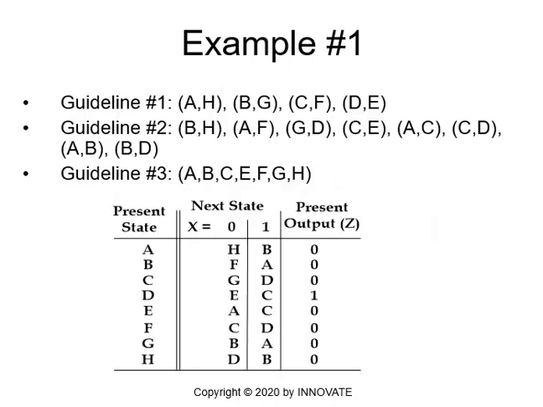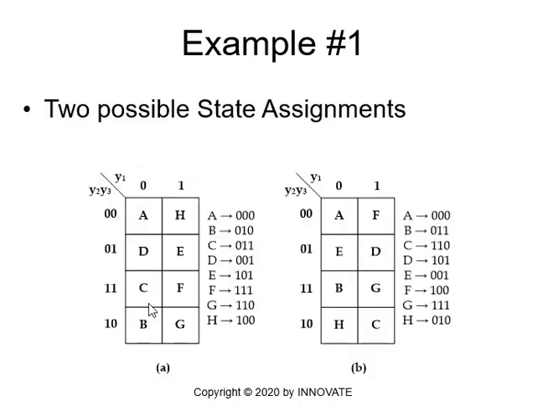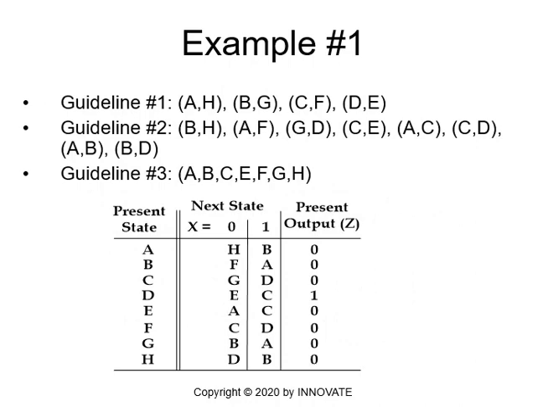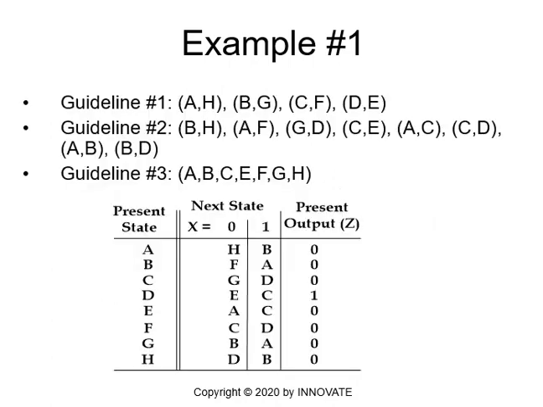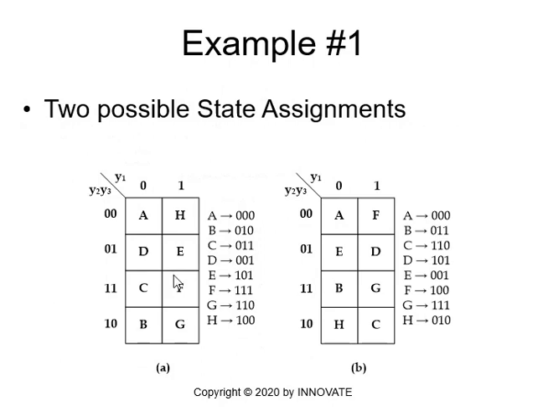Let me check guideline number 2. Is B and H adjacent? Unfortunately, I cannot meet B and H. A and F, can I meet A and F? I cannot meet A and F. G and D, can I meet G and D?